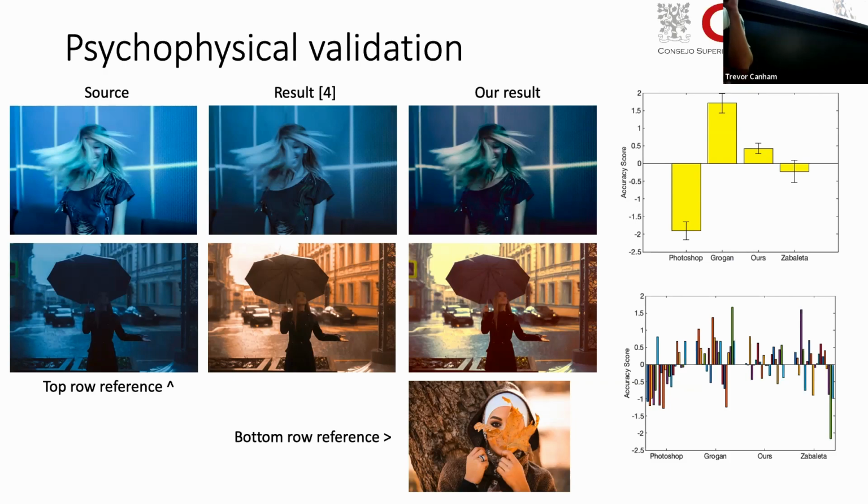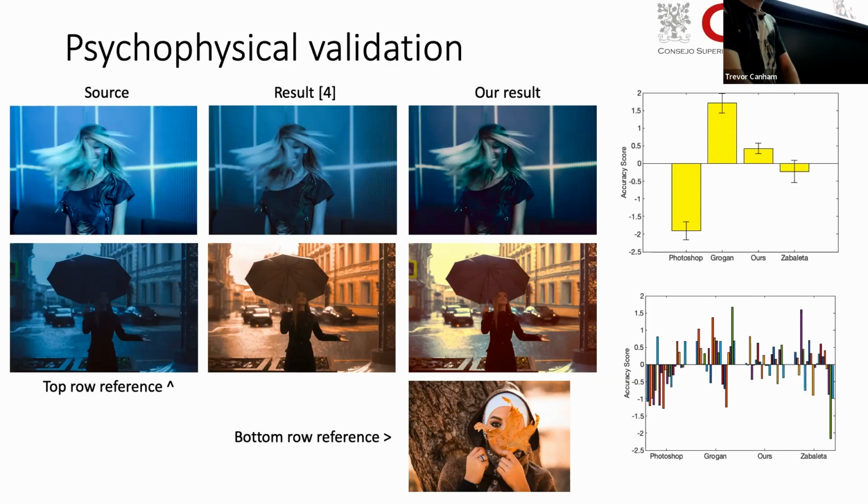Let me just, if I may. The mean opinion score is for the type of experiments where observers have to score an image. They're given a single image and they have to score it, from 1 very bad to 5 great. And then you can correlate those numbers with what your model predicts for how good your image is. But these experiments are different. These are experiments where the user has to compare two images and select one over the other.